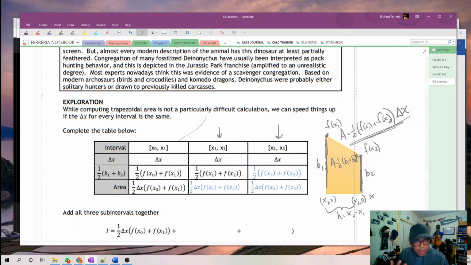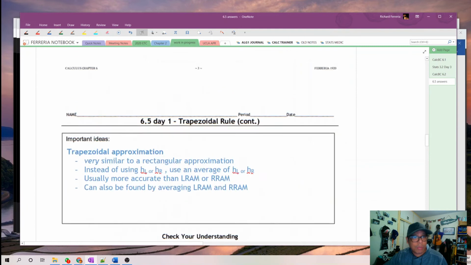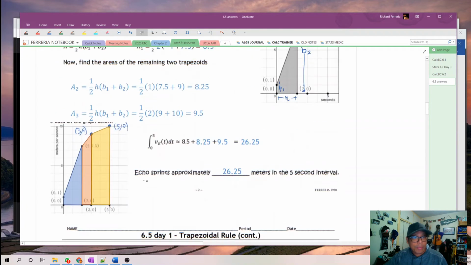So the area of that third trapezoid is 1/2 delta x, f of x2 plus f of x3. Now, if we want to find the area under the curve, we can visualize that as something like this, where we're adding all three of those trapezoids together.